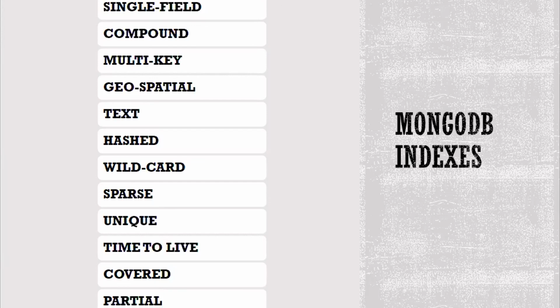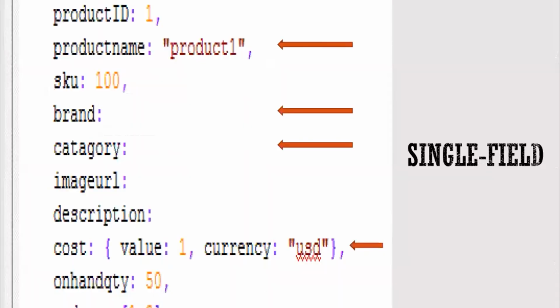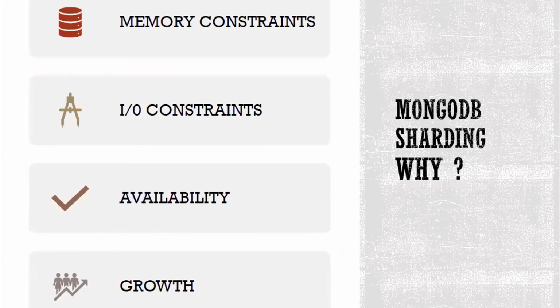These are the indexes that Mongo provides. I'm going to skip these indexes and go to sharding. We will come back to indexes later, probably in another session. Sharding is nothing but horizontal distribution, as we discussed before, right? It is similar to the concept of database partitioning, but it is more automated in MongoDB for data balancing.